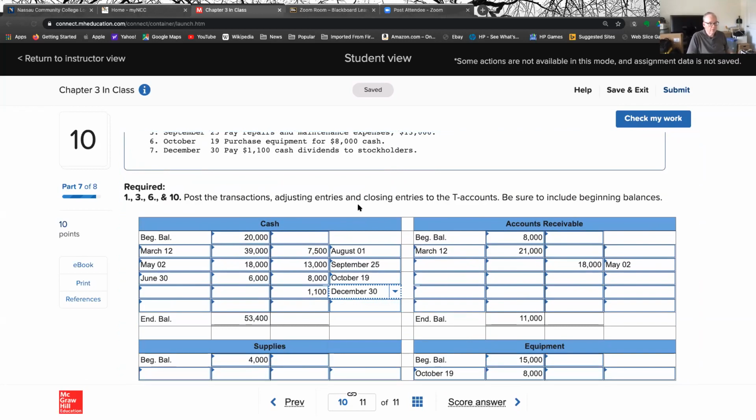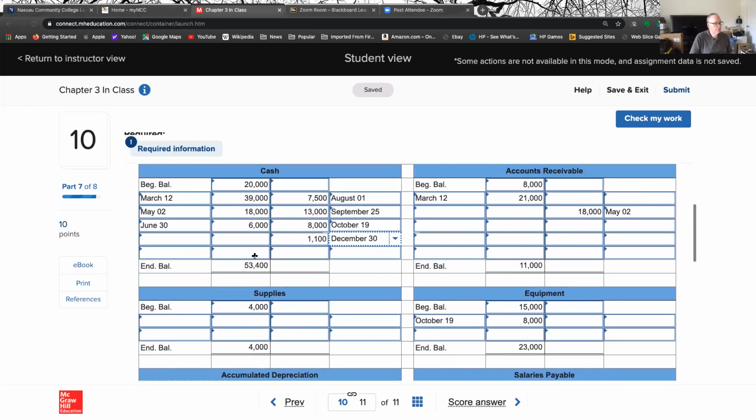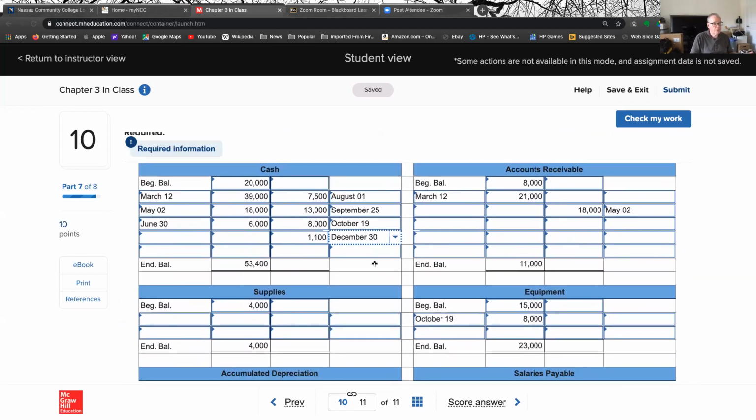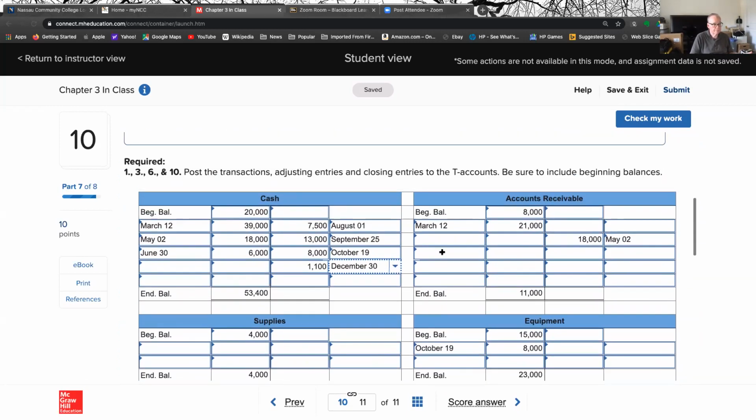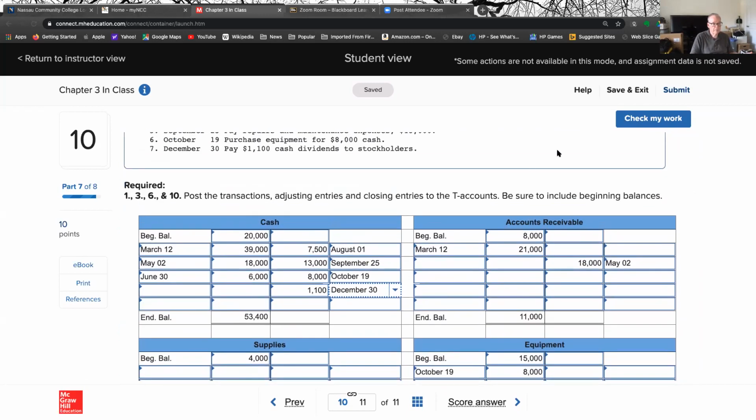Okay, and it looks like they were very nice to you and they did the math for you in the accounts, right? So they figured out what the balances were for you.